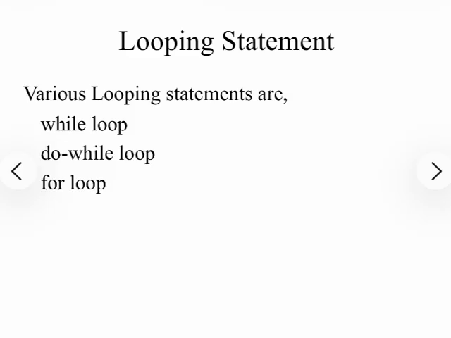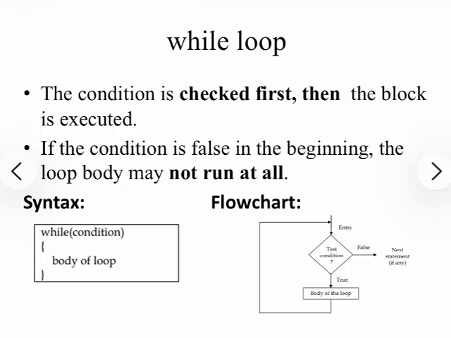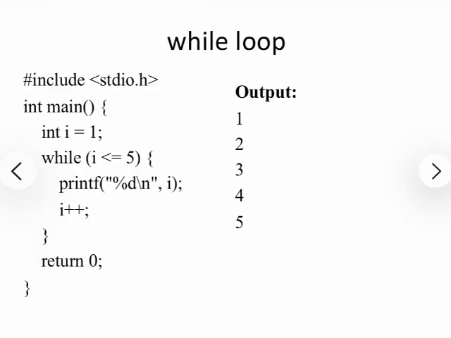There are various types of looping statement. They are while loop, do while loop, and for loop. In a while loop, it first checks the condition, then it is executed. If the condition is false at the beginning itself, the loop may not run at all. That means the loop will be closed and it comes to the end of the program.